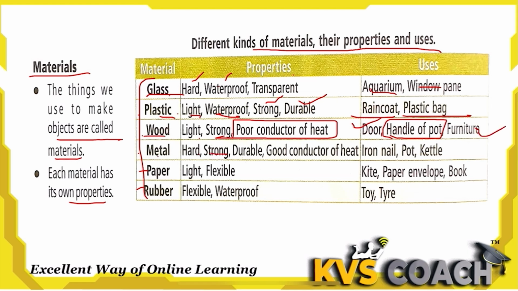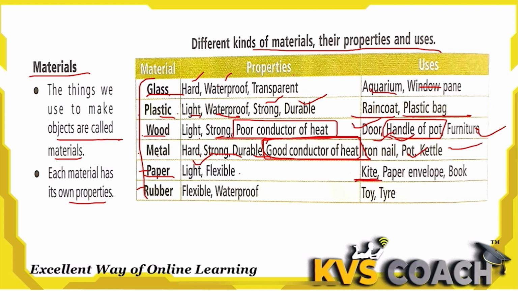Metals are hard, strong, durable, and good conductors of heat. That's why kitchen pots are made of metals like iron, silver, aluminium. We use them in iron nails, making portals, making kettles. A kettle is also made of metal, iron or steel. Paper is a very light and flexible material.